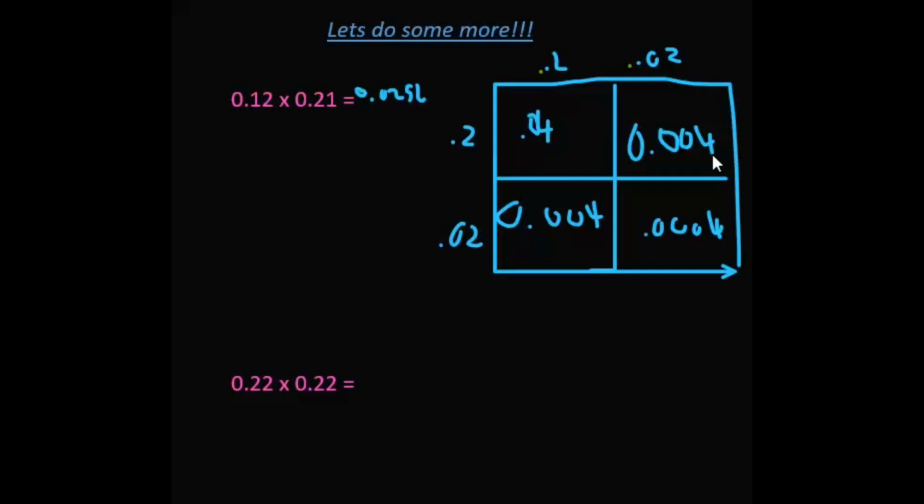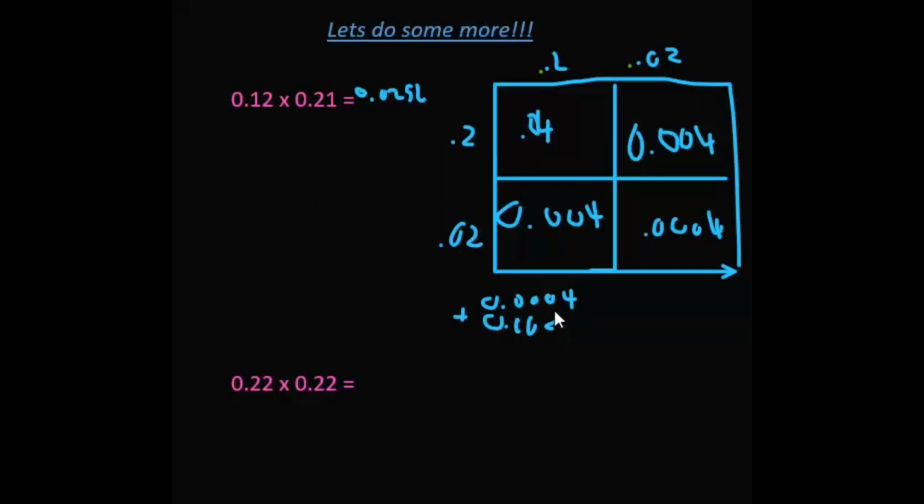Okay, so now 0.04. So let's write everything down from biggest to smallest. So 0.0004 plus 0.004. Okay, so let's do this, or here, let's make it 0.08, because there's two 0.004s.